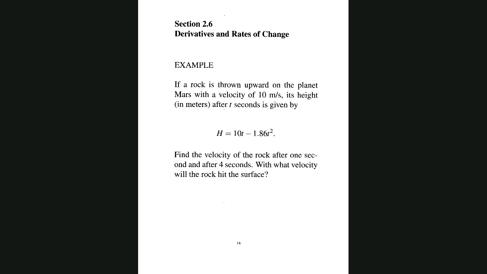For this problem, we want to find the velocity of the rock after 1 second and after 4 seconds. And then with what velocity will the rock hit the surface?